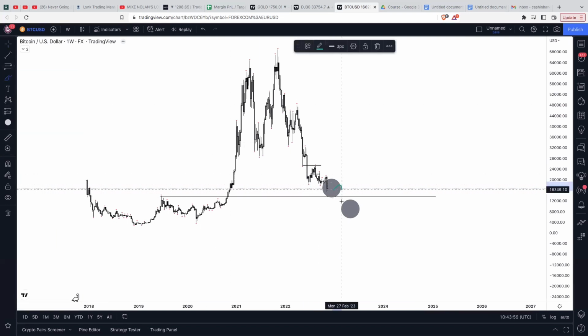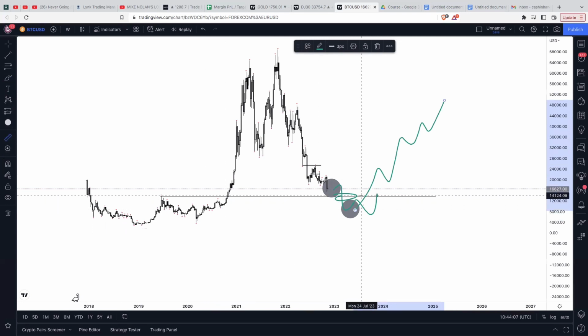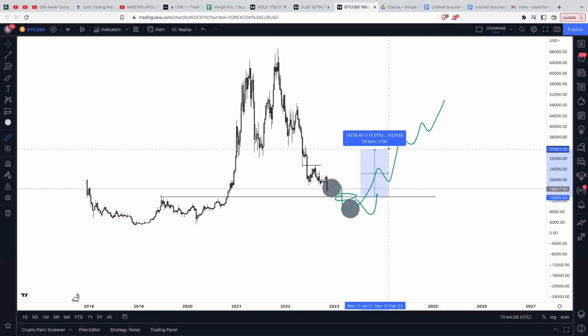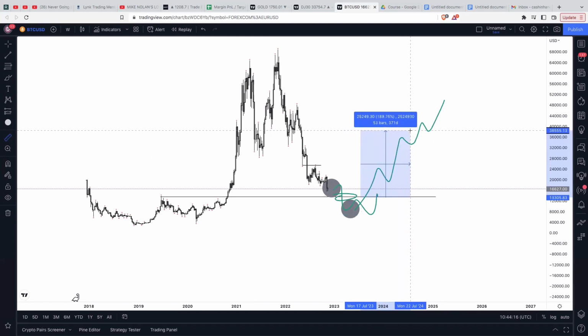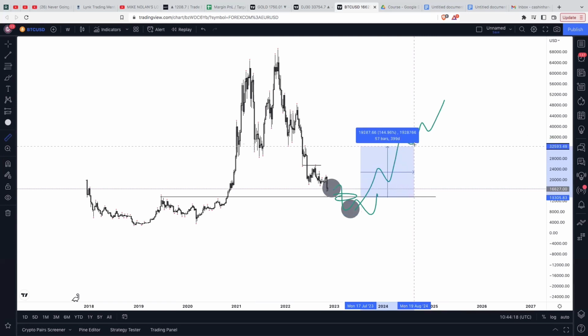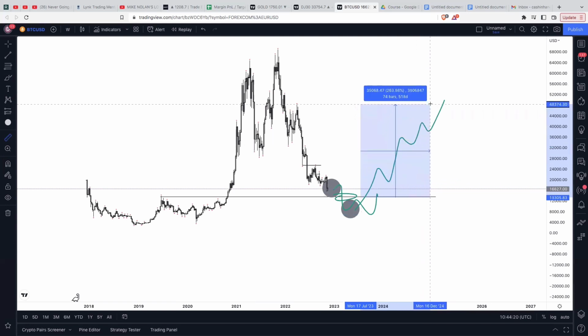You've averaged there, and say it pumps back up to here, and that might take 6 months, whatever. From say a 16k average, if you got anywhere near 32, you double, 48, you triple. You could triple your money within 6 months.